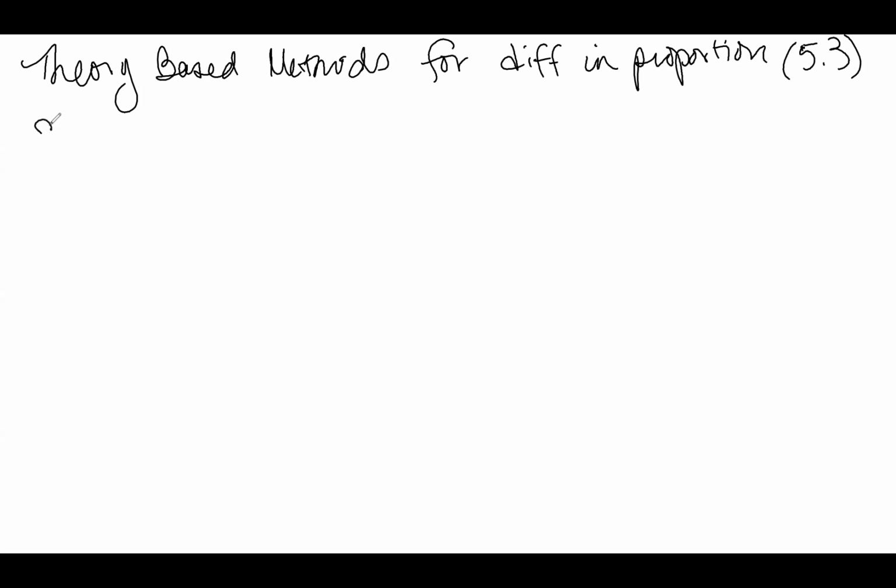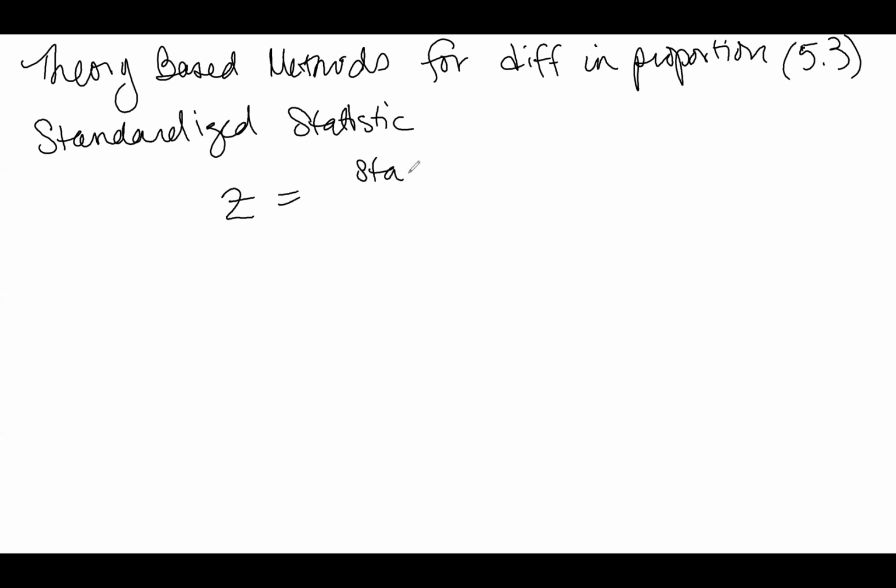So to find our standardized statistic, we use a z-test. So we're always looking at the statistic minus the null value divided by the standard error of the statistic.